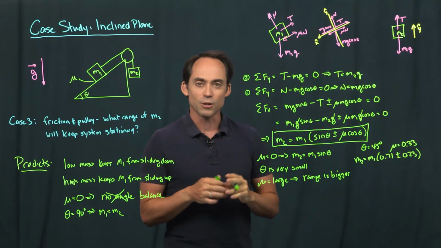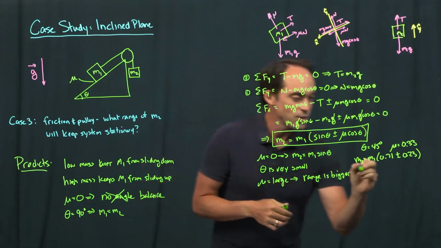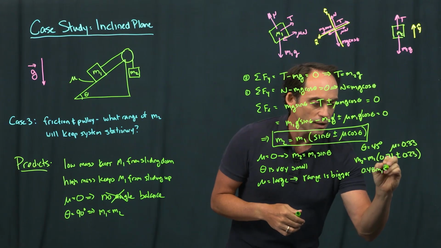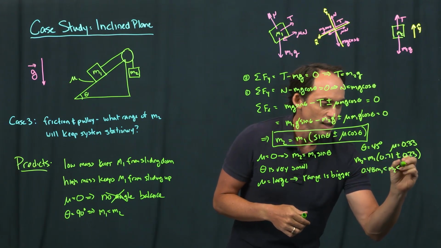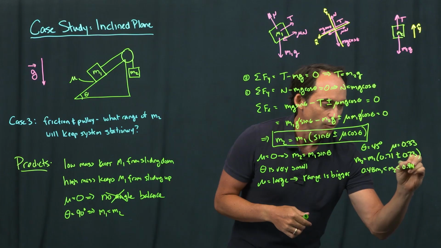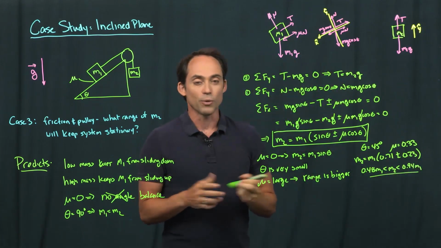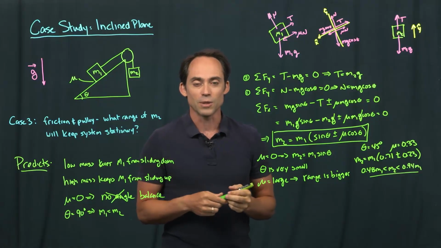If we write this out in terms of the actual numbers, this is a range of 0.48 m1 less than m2 less than 0.94 m1. So that's an example of the range of masses in which this object would be stationary.